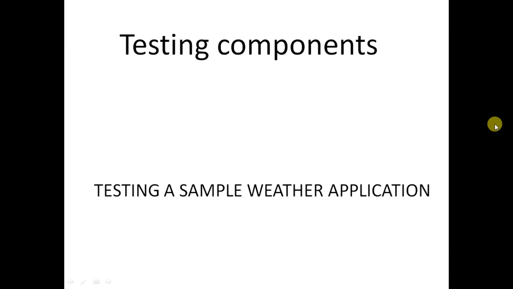Now, testing a sample weather application. Let's try testing Angular components and services using an application that has a main page with two links, Home and Weather. You will use a router to navigate to the weather page, which is a refactored version of the weather app you created.